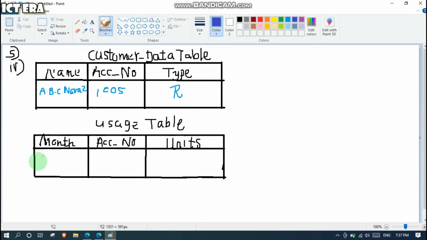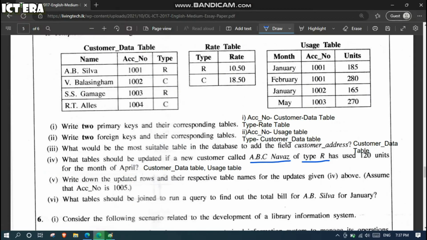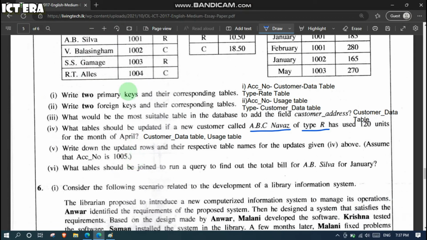So in here, what is the month of that ABC Nawaz? April. April, ACC number 1005. Then units used 120. Right. So these are the two expected answers for Roman number 5.